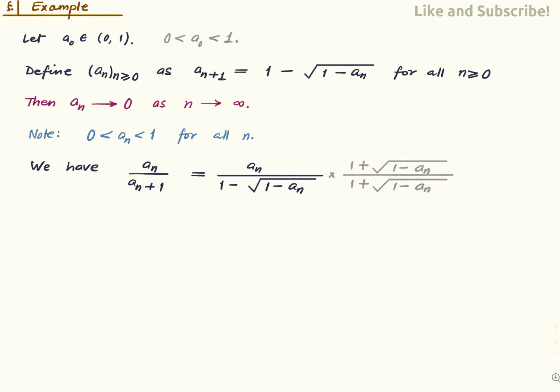It is legitimate to do this because this is a non-zero thing, and of course an plus 1 is non-zero, so it is legitimate to consider this ratio to begin with.